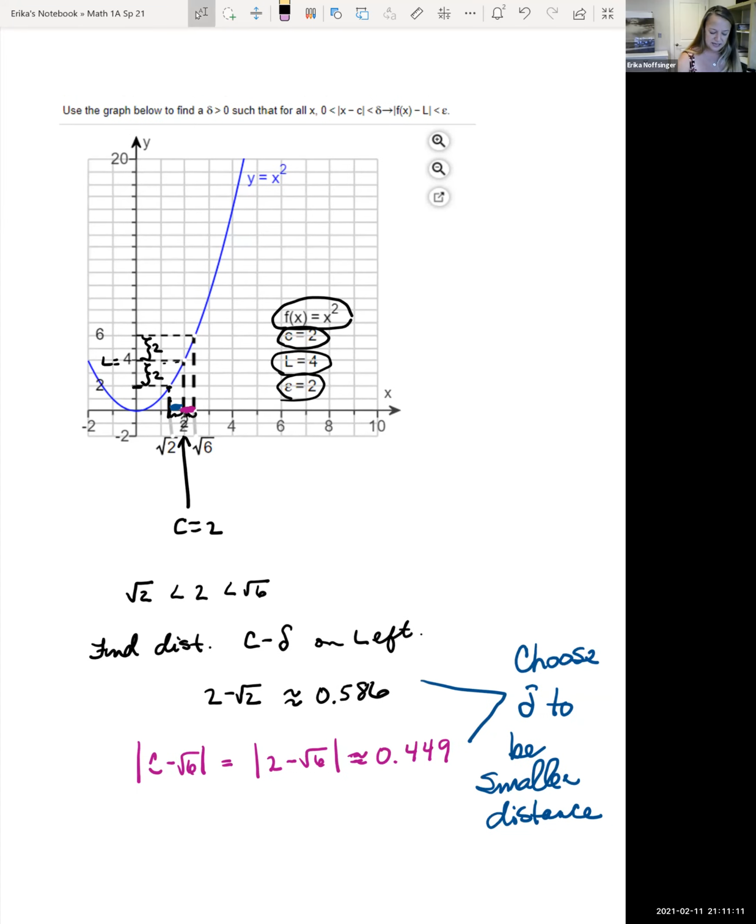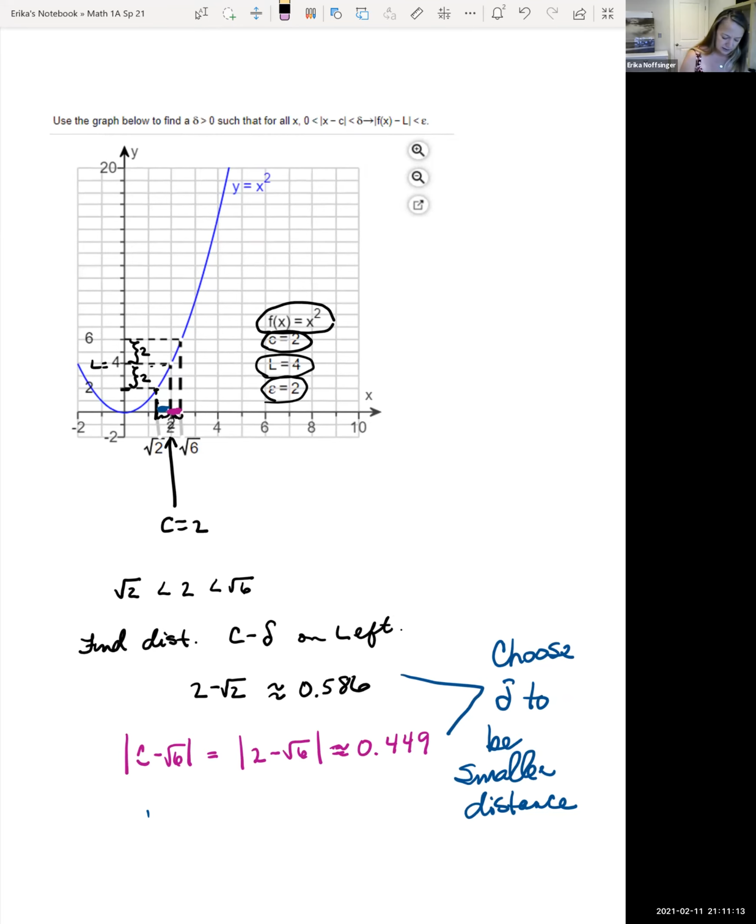And so in this case, we're going to choose delta, and we'll just write it like this, to be root 6 minus 2. I believe in the homework I wanted the exact value.